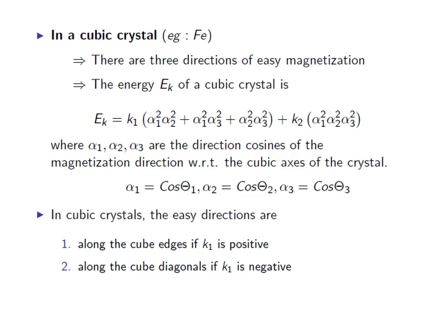Here theta 1 is the angle between the x-axis and the particular direction. Theta 2 is the angle between the y-axis and the particular direction. Theta 3 is the angle between the z-axis and the particular direction. In cubic crystals, the easy directions can be along the cubic edges if K1 is positive, or along the cubic diagonals if K1 is negative.